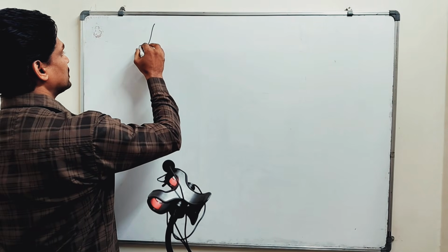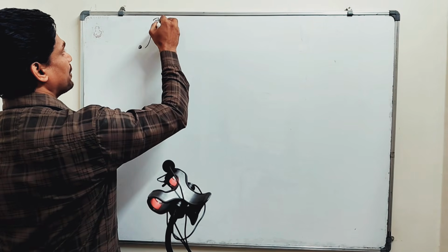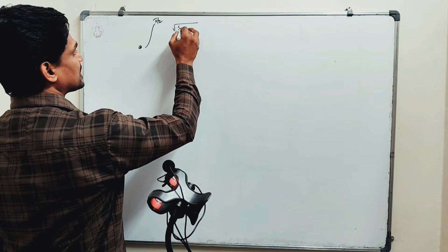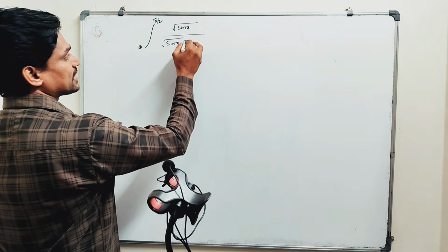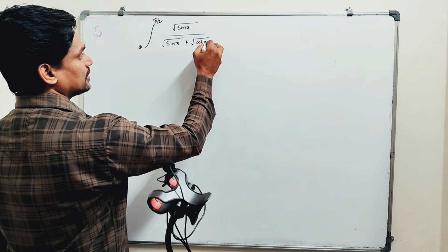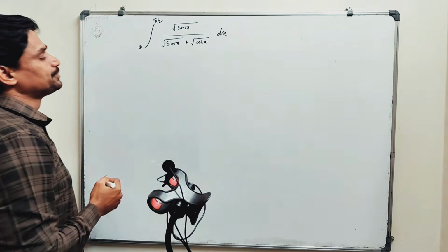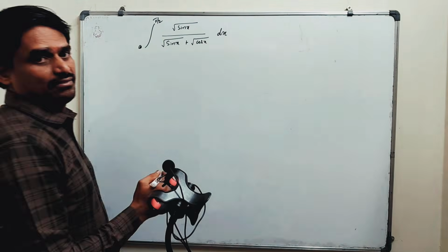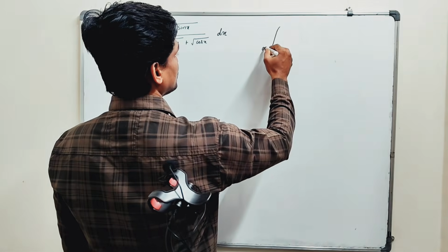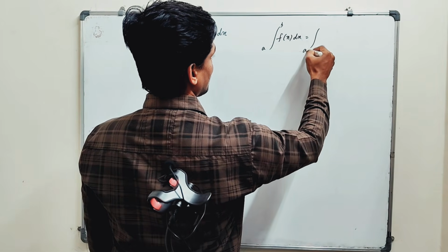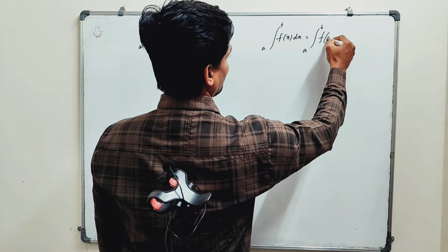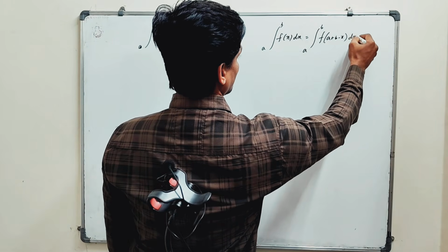So let's solve a sum. Integral 0 to pi by 2 root sin x by (root sin x plus root cos x) dx. So we have a property, right? Integral a to b f of x dx is also written as integral a to b f of (a plus b minus x) dx.